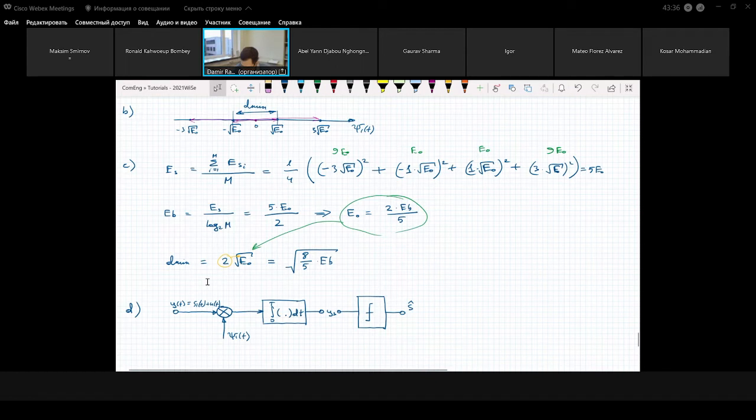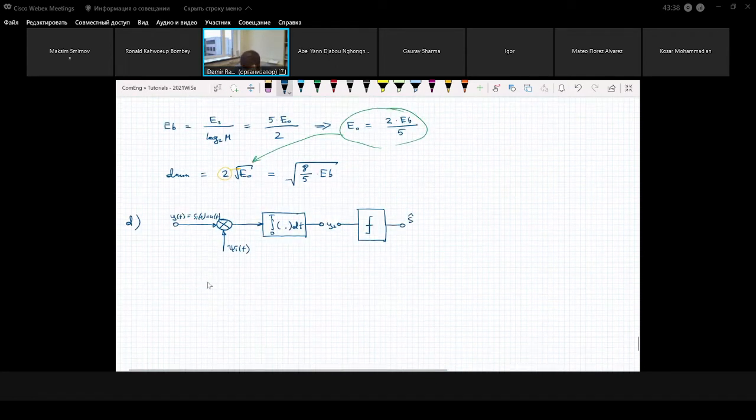Let's revise how the transmitted signal will look if you have only one symbol with index 0. We have energy, we have a specific amplitude, square root of E0, times the value of symbol with index 0, times the basis function.